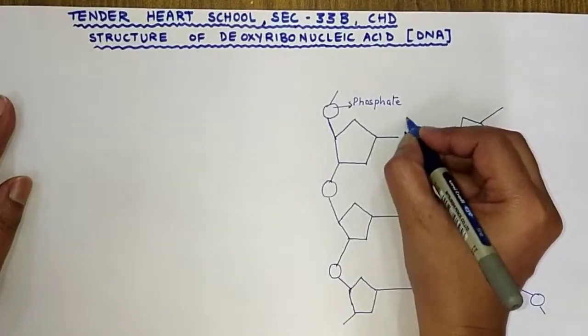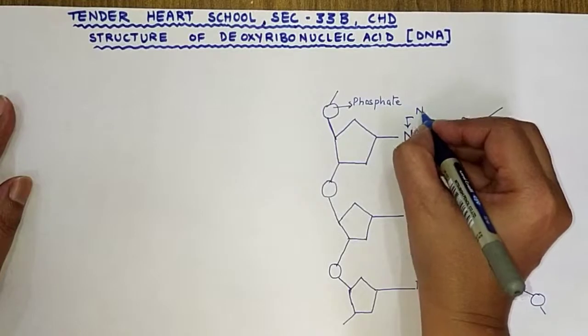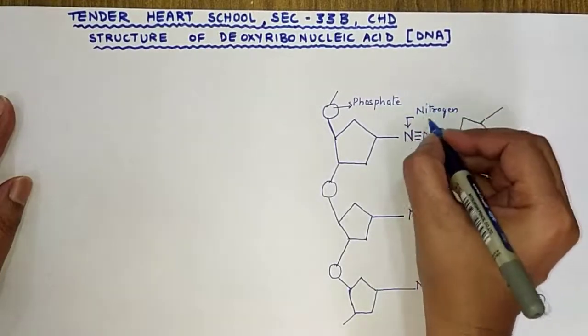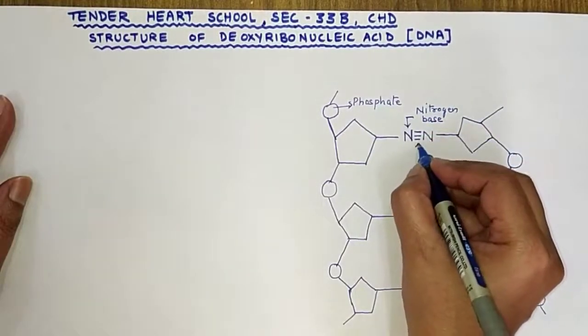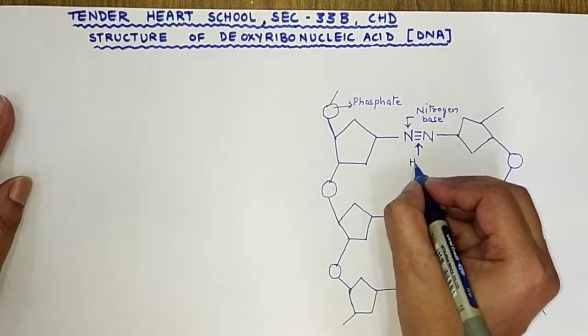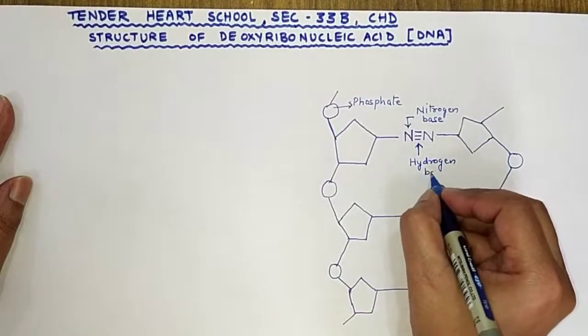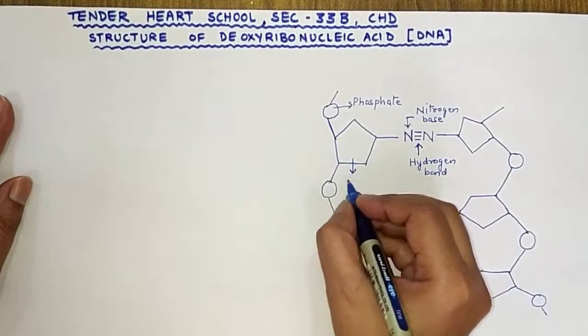This is nitrogen base. This is hydrogen bond. And this one is pentose sugar.